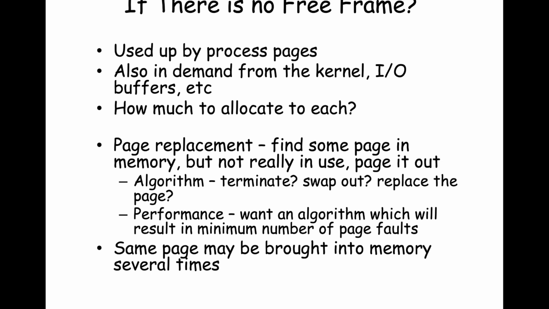The algorithm swaps it out to free up the frame that it's occupying, and then you can reuse that frame for some other page and allocate it to a different process that needs a frame, if there is not a frame available, or the available frame resources are very, very low. And what do you do with the process whose page you remove from its frame? You could either terminate it, you could swap it out, you could also replace the page.